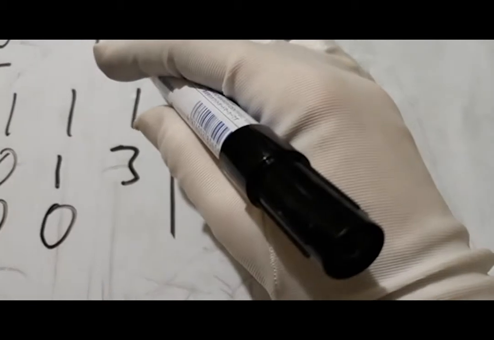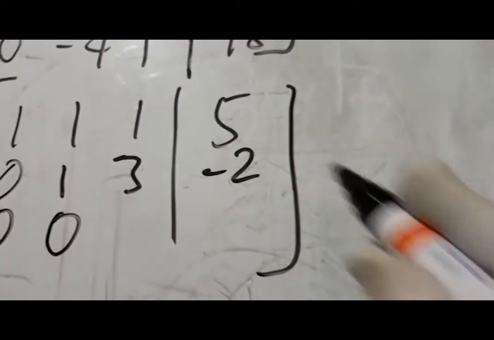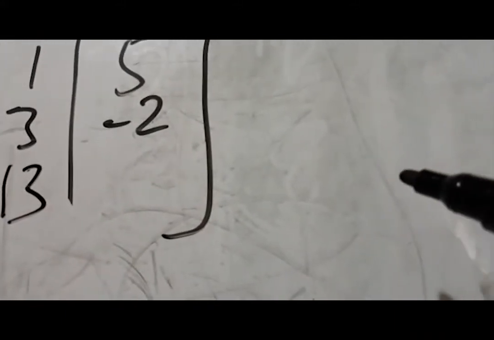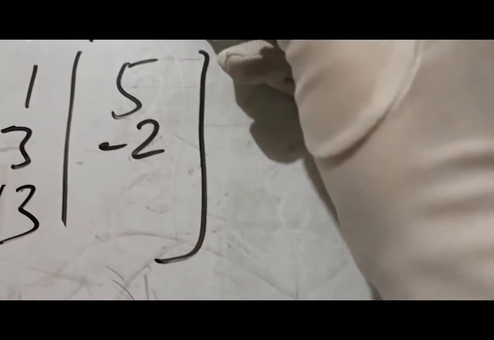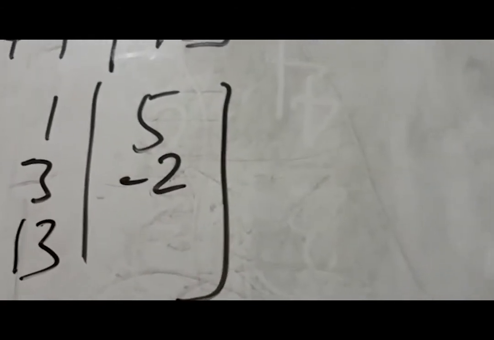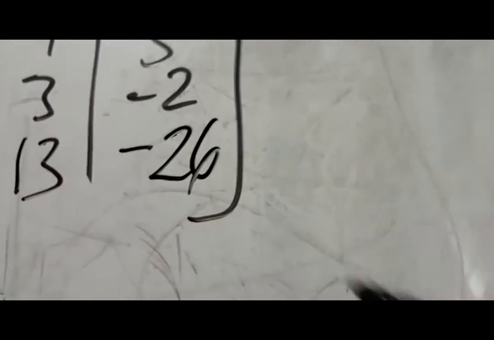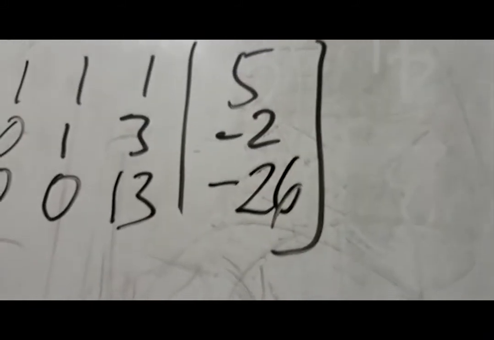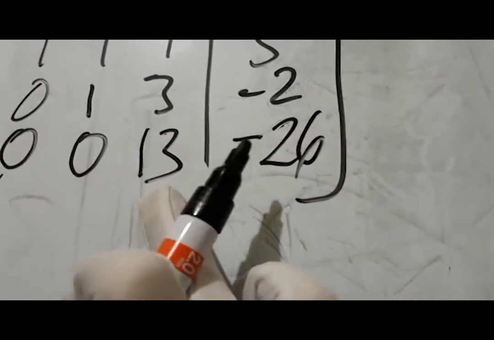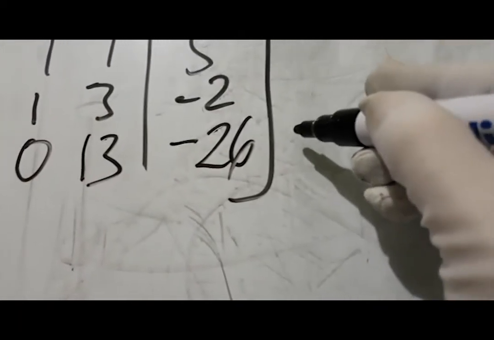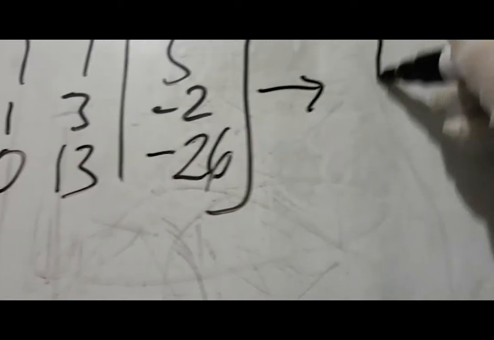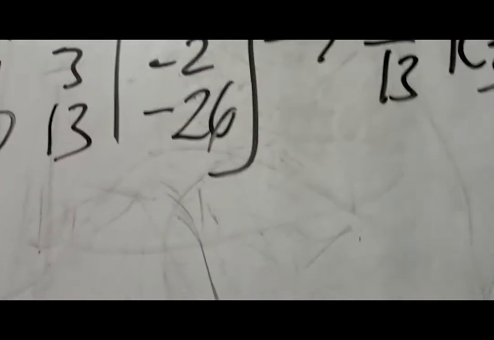And 1 plus 4 R2 is 13. Then for the last, R3 plus 4 R2, negative 18 plus negative 8 is negative 26. Then let us reduce this to make this 1, and then we can use 1/13 R3.